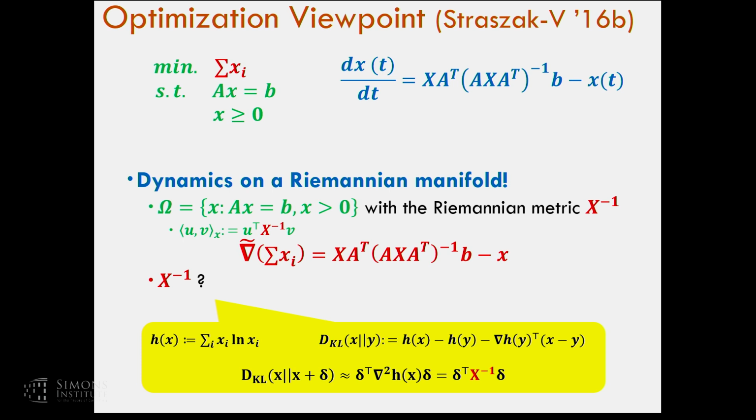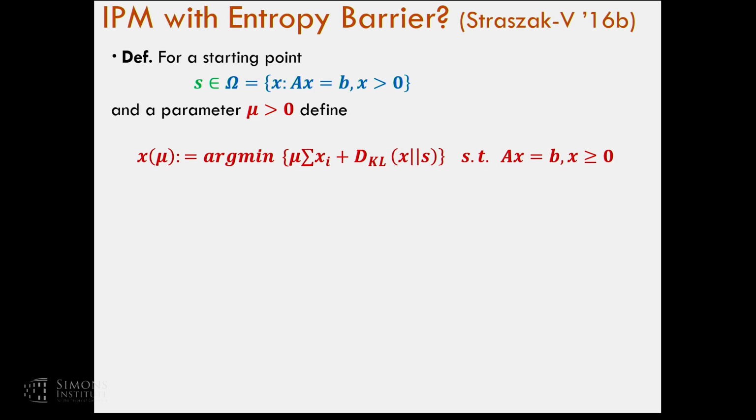And what this optimization viewpoint gives us is a reparameterization of this dynamical system as an interior point method with an entropy-like barrier. So imagine that you start off with some point in the domain, omega, and consider the following optimization problem where there is a parameter mu, which is bigger than 0.